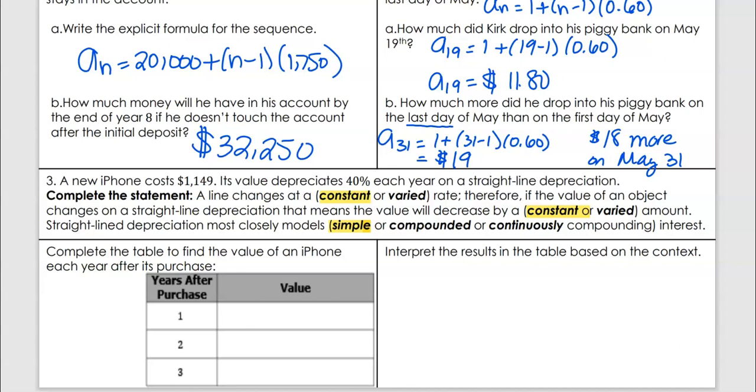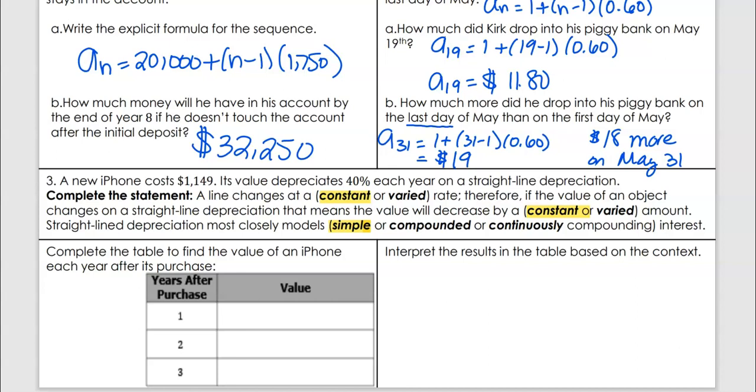What do I need to do? There you go. So, you're going to take away 40% of its value. Does that make sense? So what is 40% of 1149?